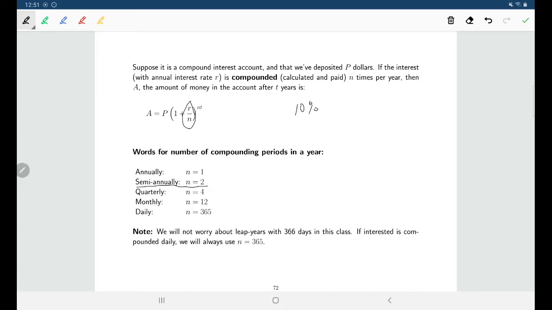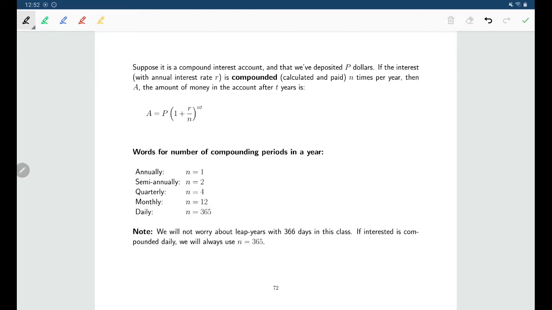You'll be getting 5% in the first half of the year and 5% in the second half of the year to give you 10% in total. So when we look at something like daily compound interest, you might have compound interest where the interest rate is 5%, and if it's compounded daily, then every day you're only getting 1/365th of that 5% of interest.